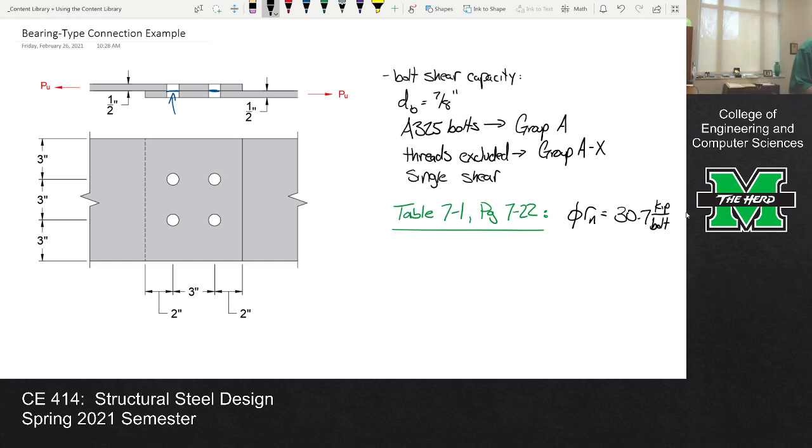Okay? Now you got 20.4. I'm curious where you got that. Oh, no, that's the green number. Remember, we're always using the blue numbers. We always use LRFD. That's fine. So you looked up everything in the table correctly because you found the right rows and the right columns. Just you use the green number. We're always using the blue numbers.